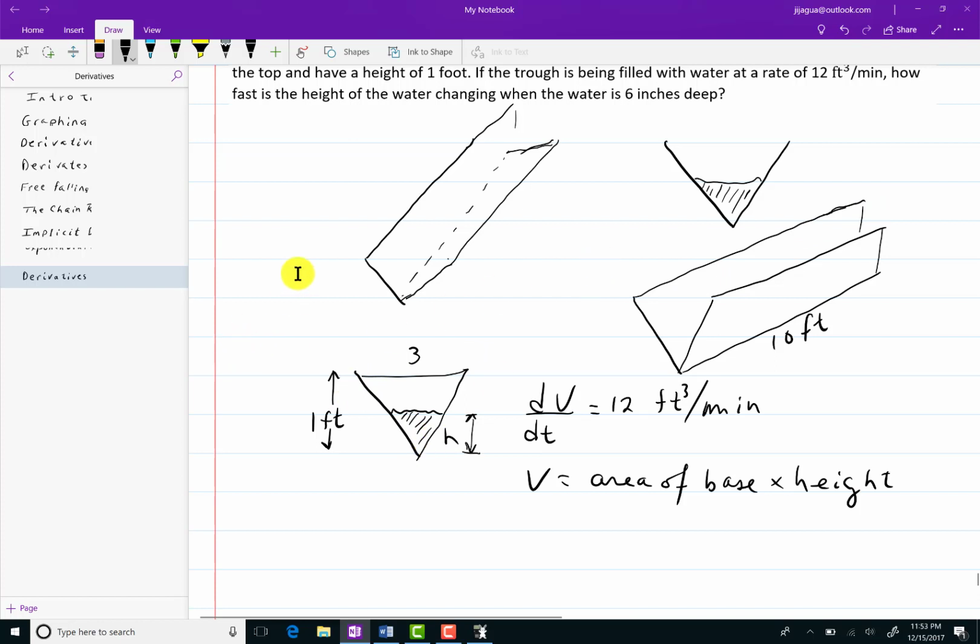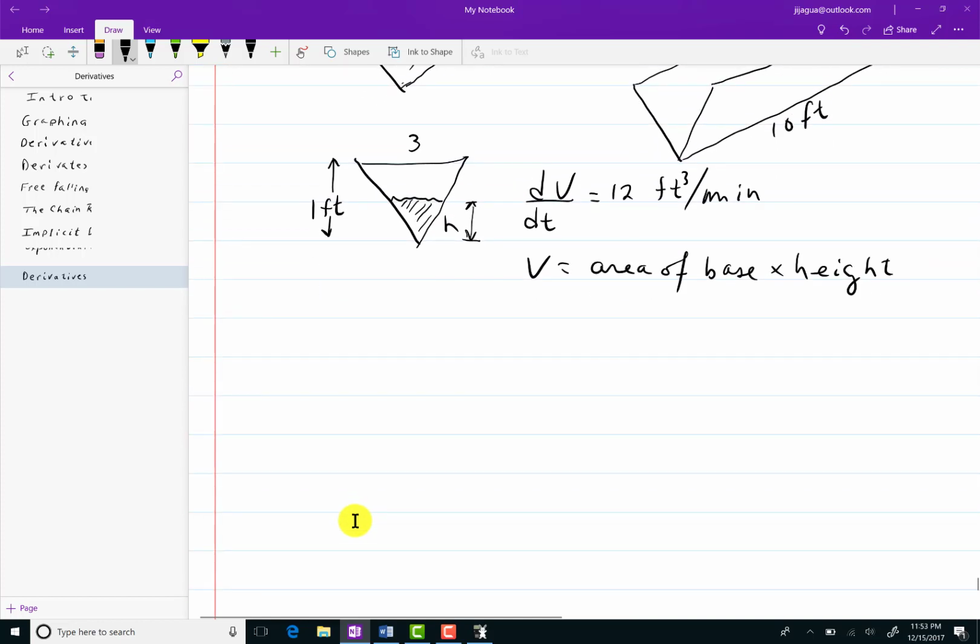So what is the area? Now this is the volume of the water. What is the area of the base? Well, I would have to know the height and the base here. But fortunately, if you look here, let me pull this out. If this were more of a straight line, it'd probably be easier to see. Let's make this flat.